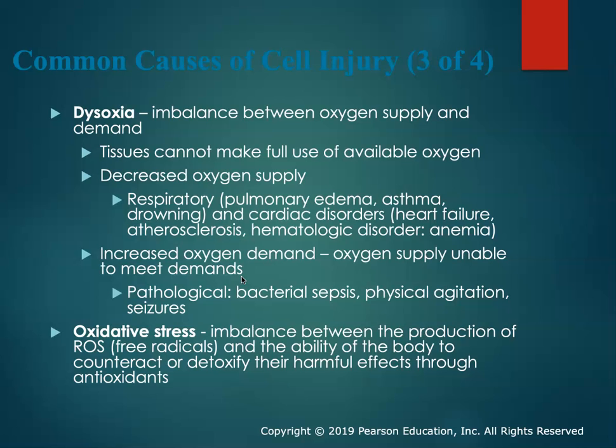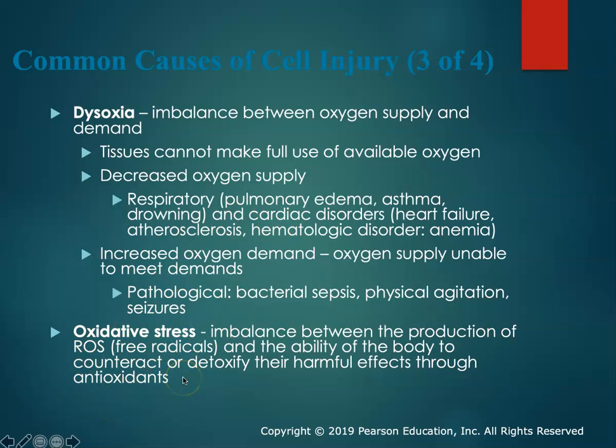But if there is some sort of pathological process going on and the cell cannot meet that demand, it's called dysoxia. And so even bacterial sepsis, right? Physical agitation, seizures can lead to increased oxygen demand. Okay. And so if the cell can't meet that oxygen demand, it can then lead to cell death.